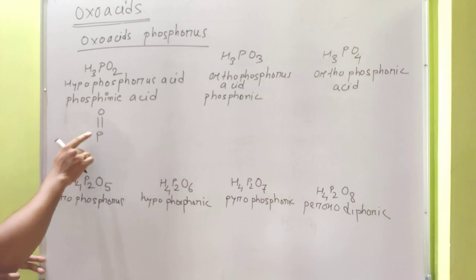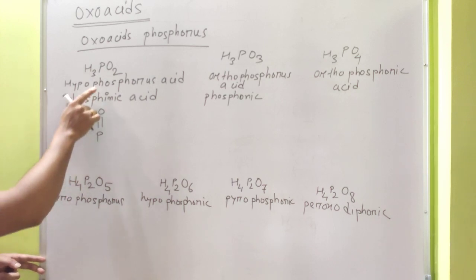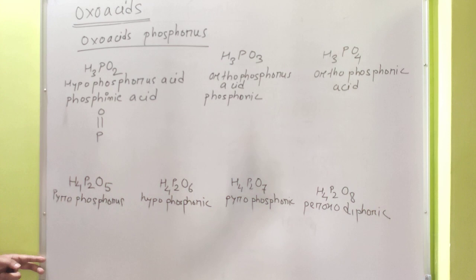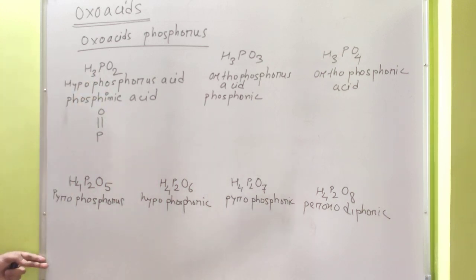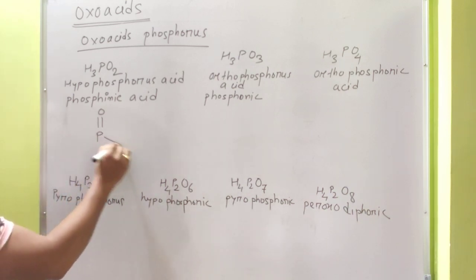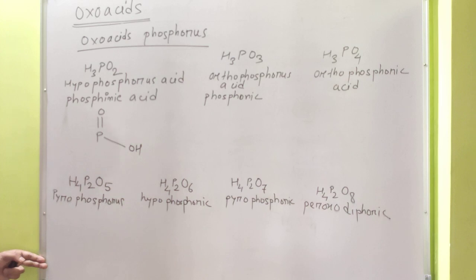If we place one double bonded oxygen, we will be left with one oxygen, and the rest of the oxygens are OH groups. In this case, only one oxygen is left, therefore there is only one OH group. And we have two hydrogen.